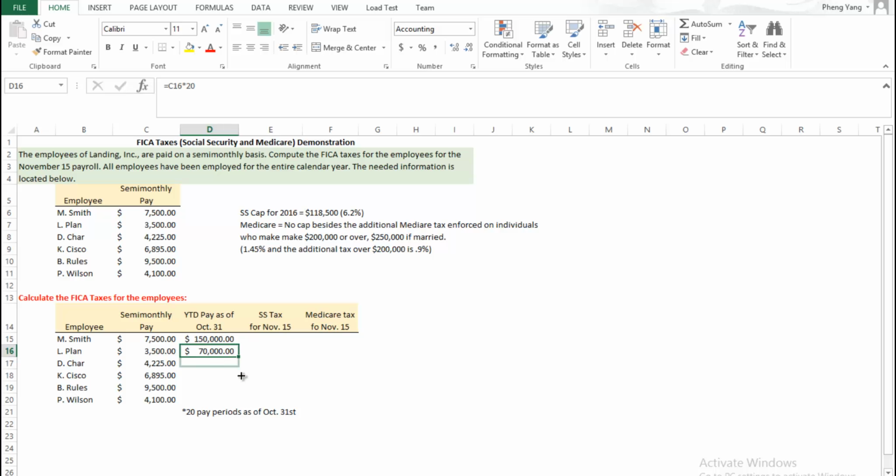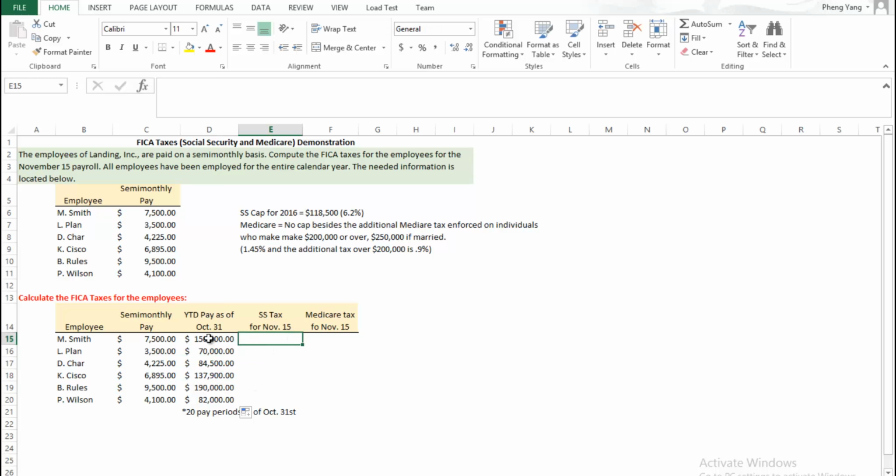I'm going to do that all the way down. Because I have a formula in here, you can see this formula here, I'm taking this cell and simply multiplying it by 20 periods. Because I have a formula in there, I can drag that formula down and it will calculate everything for me. Okay, so here is everything for us.